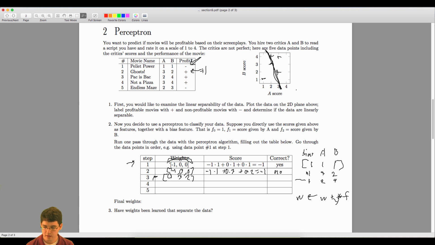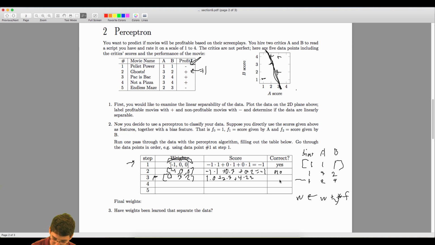So 1 times 0, plus 2 times 3, plus 4 times 2. That's 8 plus 6, and that is 14.